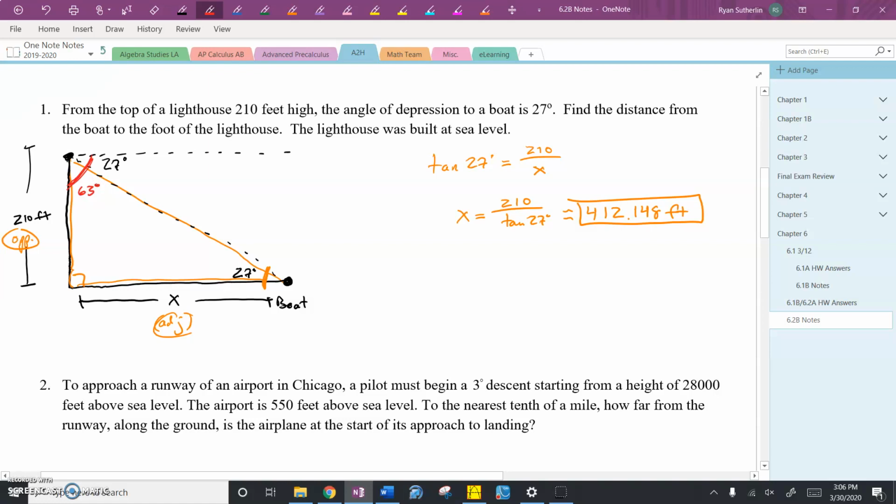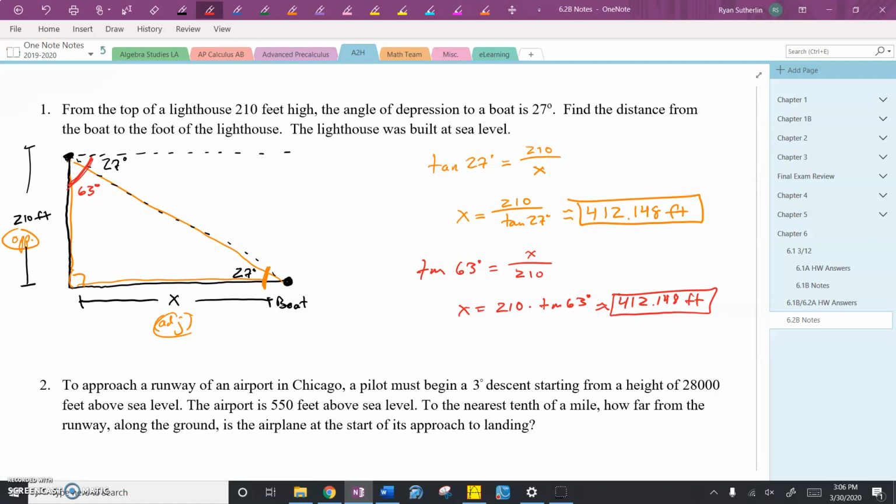And now I can do tangent of 63 degrees is equal to x over 210. So x is 210 times tangent of 63 degrees, which is also 412.148 feet. So either method would be fine for this problem. You have to choose what's best for you.